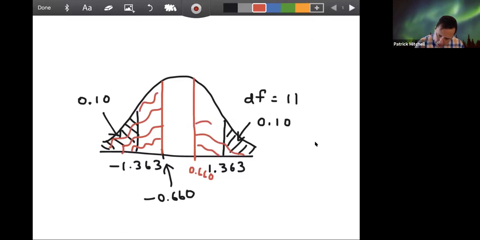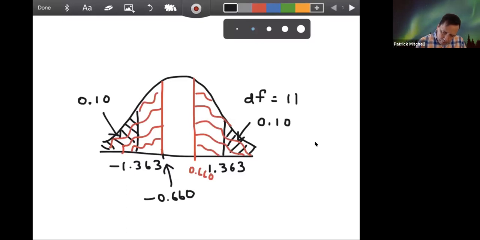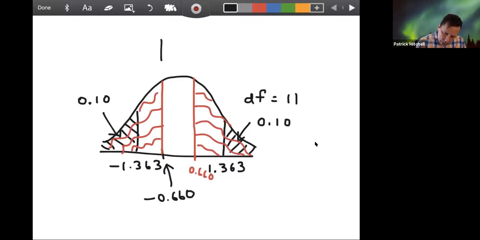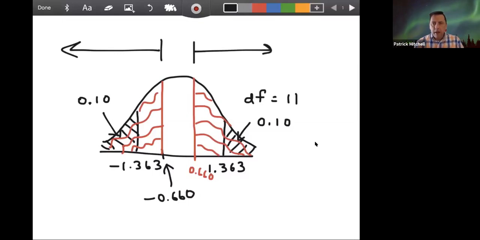So by comparing our calculated t-value to the one that's in the table, we can see that this combined area out here and also here, that combined area is greater than 0.2. Greater than 0.2.